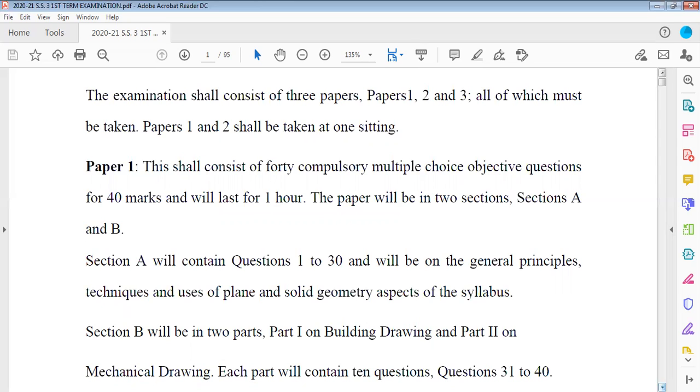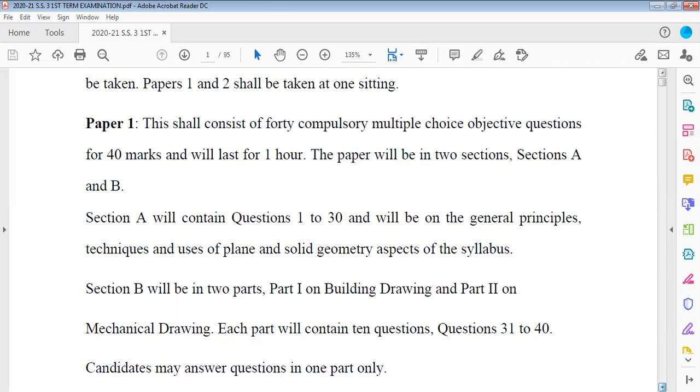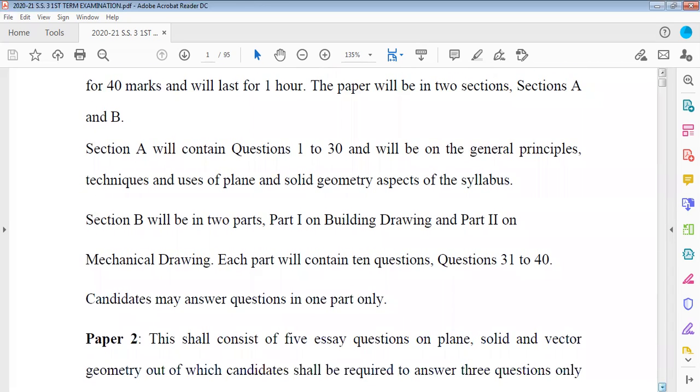Part 1 is building drawing, and here you are going to have question 31 to 40, 10 questions on building drawing. And part 2 of section B is on mechanical drawing, and it contains 10 questions, question 31 to 40.